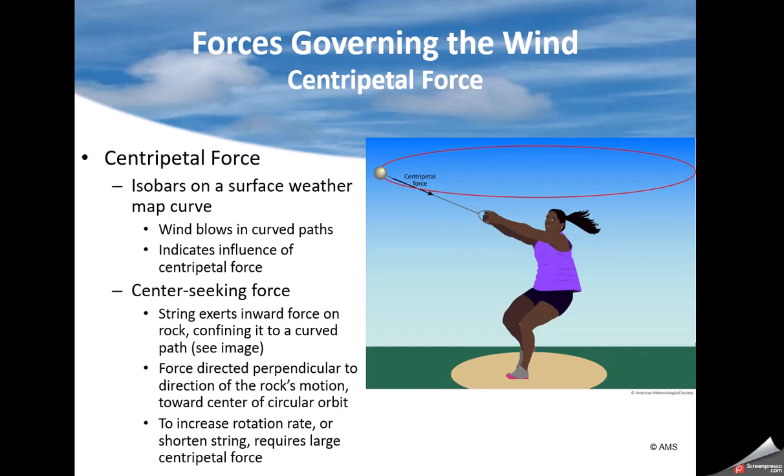So it's always exerting to make the object that it's pulling on go in a circle. So when you look at low pressures and high pressures on weather maps, and you'll notice the wind going in big circles around them, this is a centripetal force. Look at a tornado. The winds go very quickly in a local area. That's centripetal force making them go in that circle. That and the pressure gradient combined. Two forces.